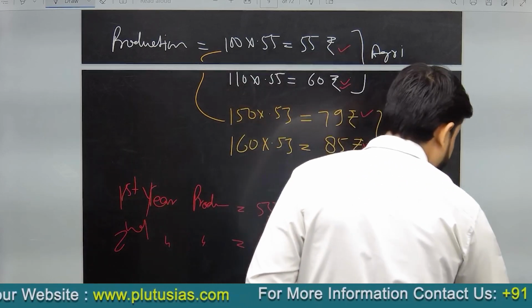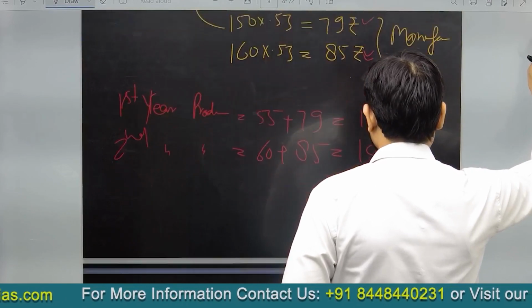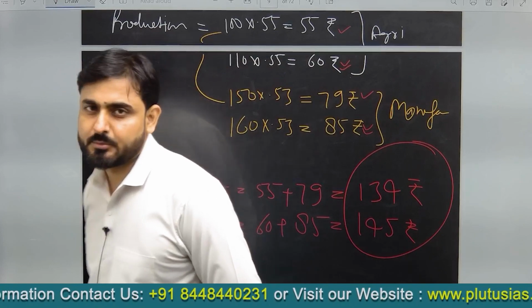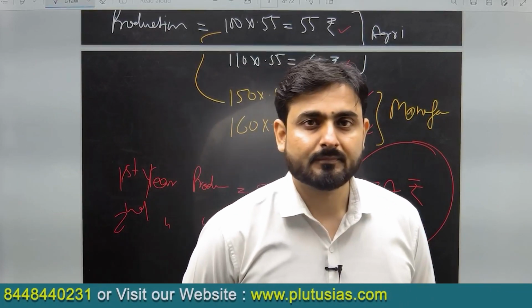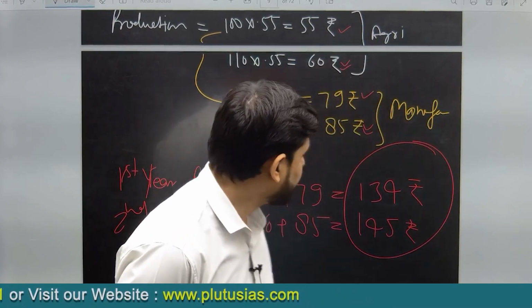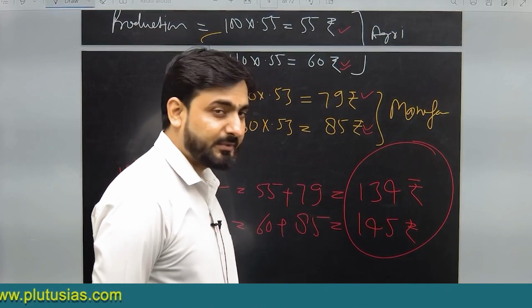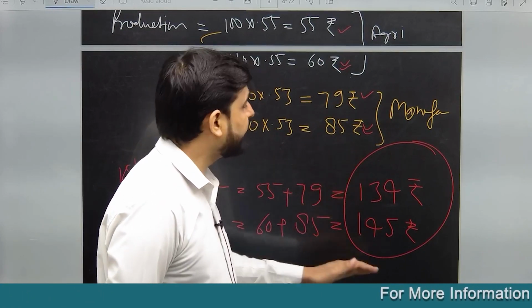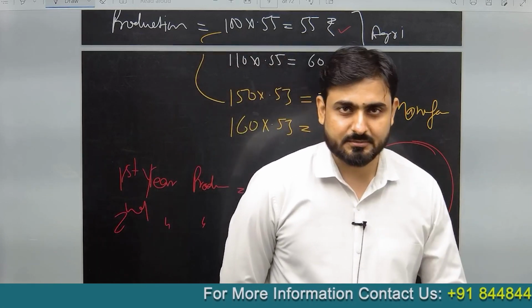So you have noticed this is the difference between first year production and second year production. Here the difference is just 11 rupees. Difference is just 11 rupees. So it is better than your fixed year based.